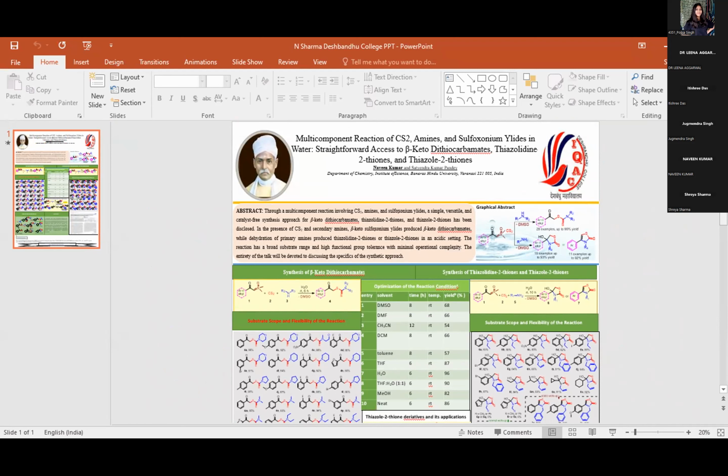Introduction. Organic dithiocarbamate skeletons are found abundantly in various bioactive molecules and represent an important class of sulfur-containing compounds. In addition to their excellent anti-cancer activity, they are important to the rubber industry as well as the agriculture industry.